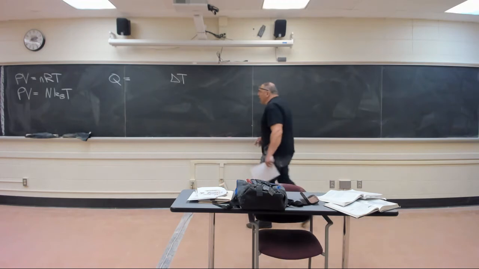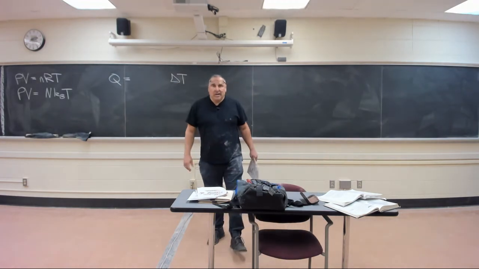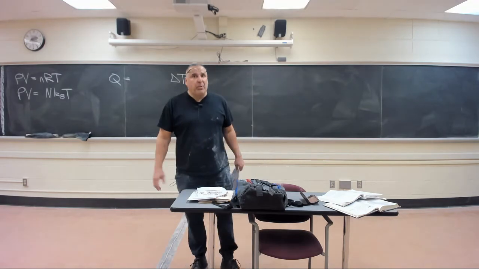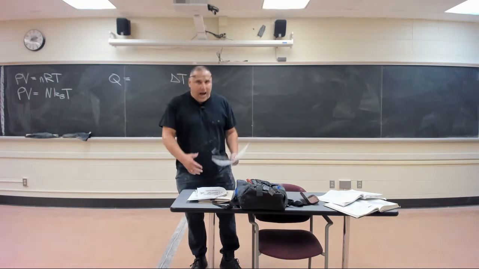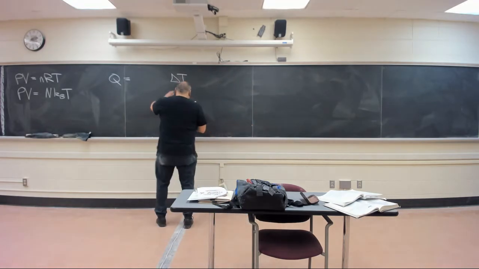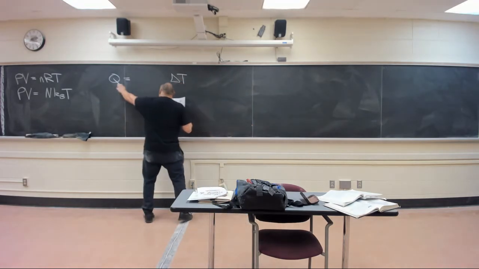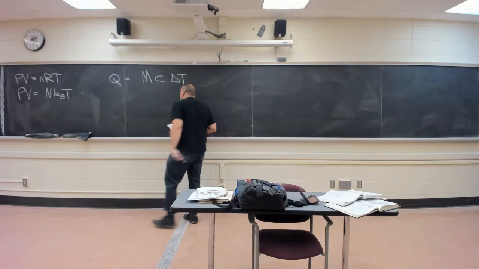The more you want to change the kinetic energy, the more work has got to be put into it if you want to increase it. And if you want to take away kinetic energy, then you've got to take away energy. If you want to drop temperature, one's going to be positive, one's going to be negative. Delta T, if it's big, you need a lot of Q. C is a constant, the specific heat capacity, and M is the mass of the substance.